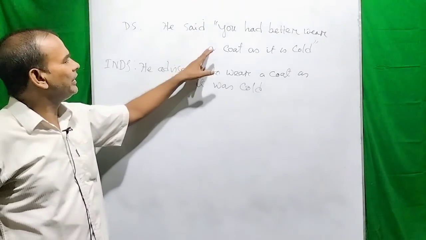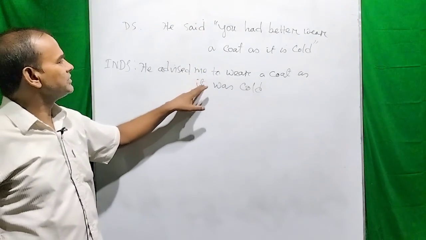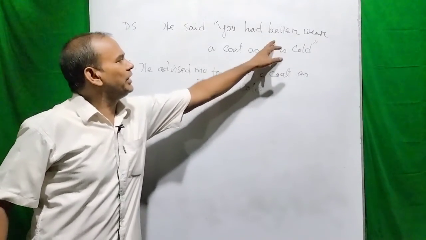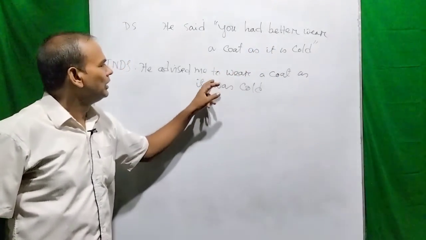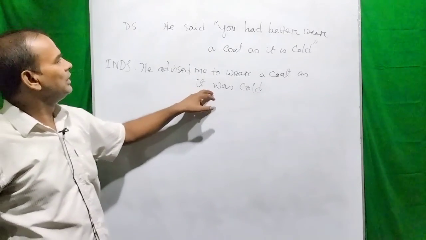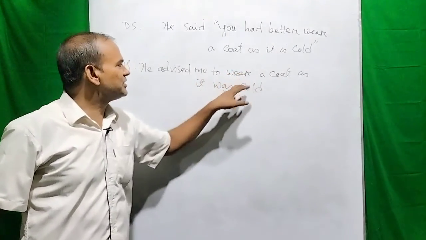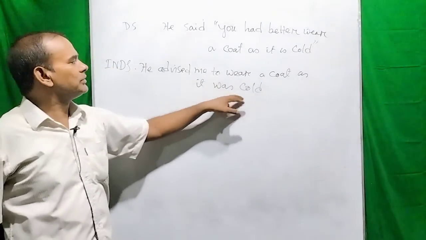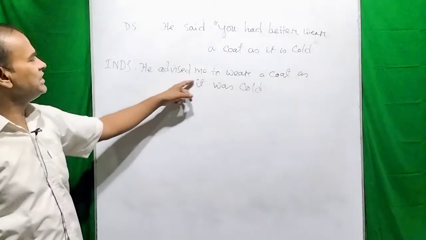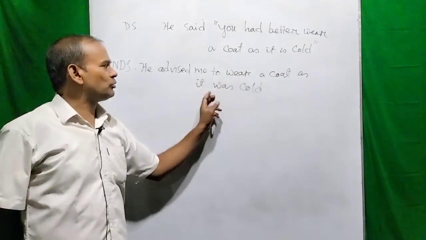I have taken it as the subject, so it here is the subject, and this is has been changed into was, and after that the word cold. So he advised me to wear a coat as it was cold.